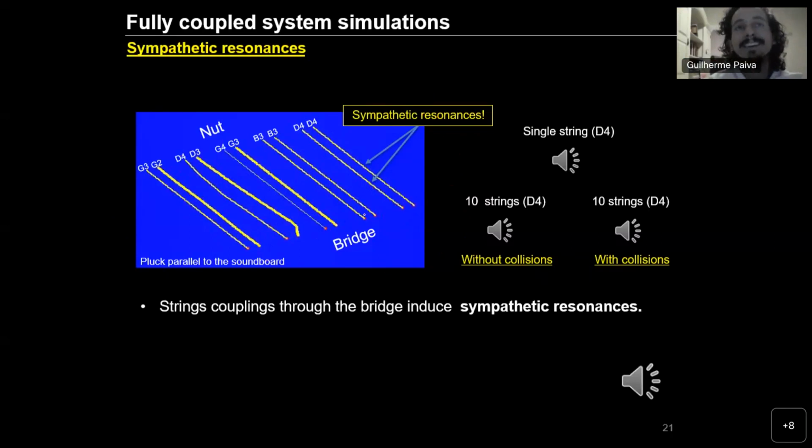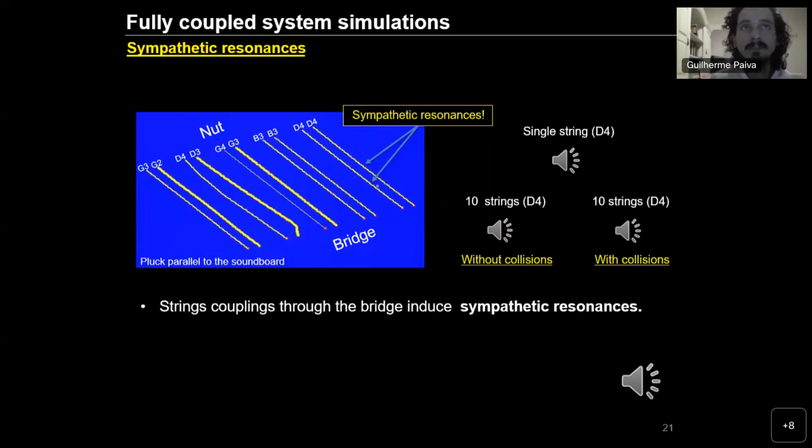Okay. And in this work, as I said, we can extract the body modes from numerical or experimental modal analysis. For the viola caipira, we measured a real viola, so we extracted experimental modes, and we could include this real viola in our simulation, okay?